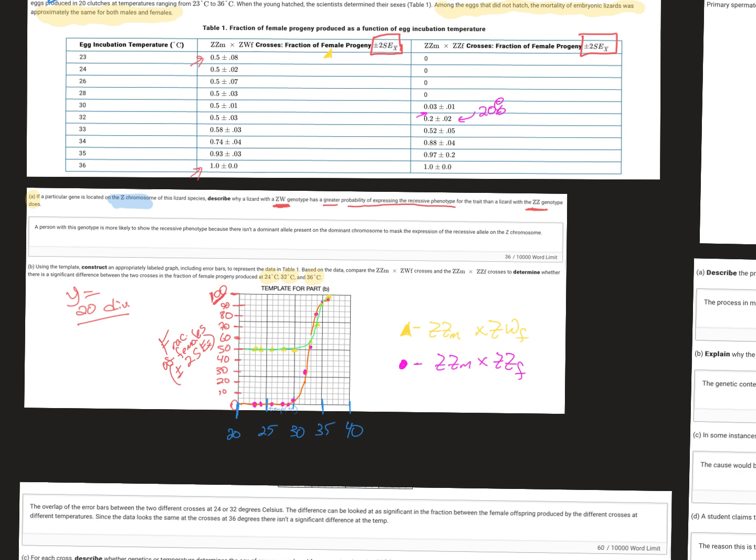This is absolutely ludicrous. But for 23 here, you see that 23 is about 8%, plus or minus 8%. So I have to actually zoom in to do 23 for the first one. I'm working on the yellow triangles first.